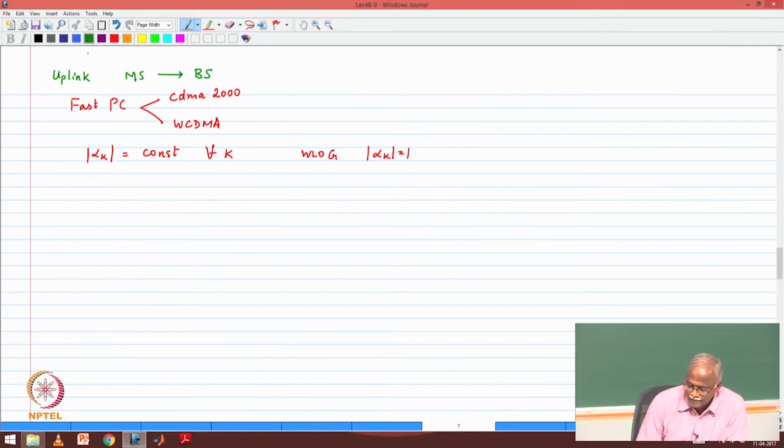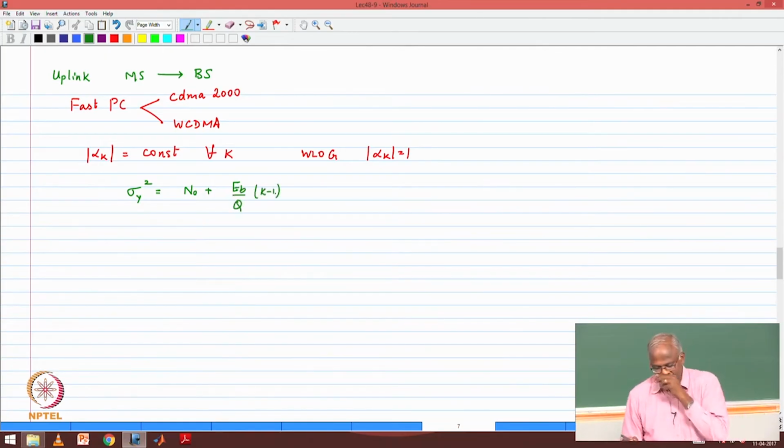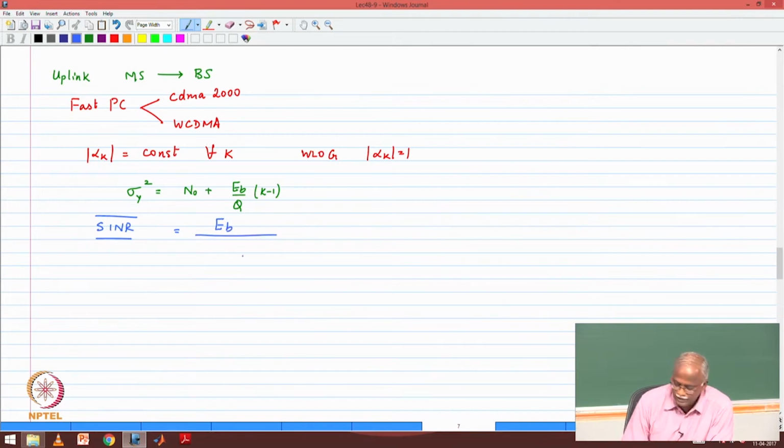So now comes a very interesting observation. Sigma y squared is given by N naught plus EB by Q into K minus 1. Basically there are K minus 1 interfering terms, and each of them contributes EB by Q. Now comes the interesting calculation of SINR. What is the signal to interference plus noise ratio? EB is the signal component.